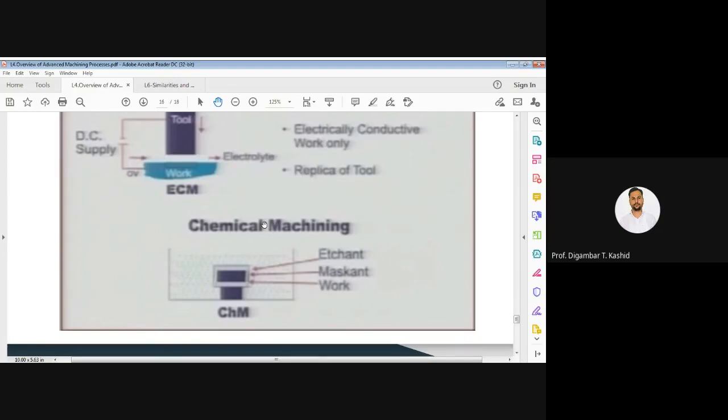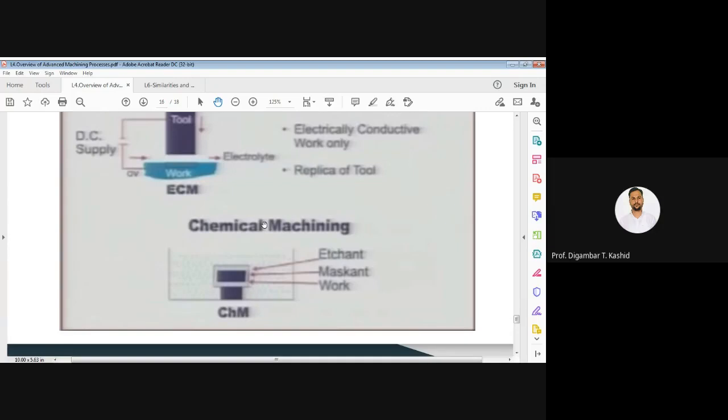Once again I repeat, if there is some part of your workpiece from which you do not want to remove any material, then on that surface we have to place maskant.